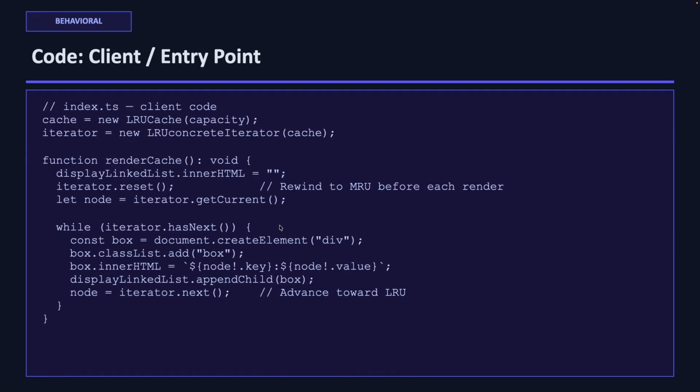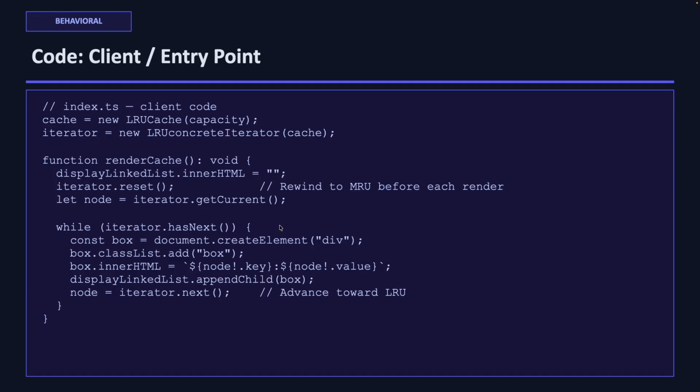Here we have the index TypeScript where everything is connected together. This is how the client uses the iterator. The collection and iterator are created once, and then the render cache function is called on every mutation. It never calls get list. It never touches any sentinel within the linked list or in the cache.